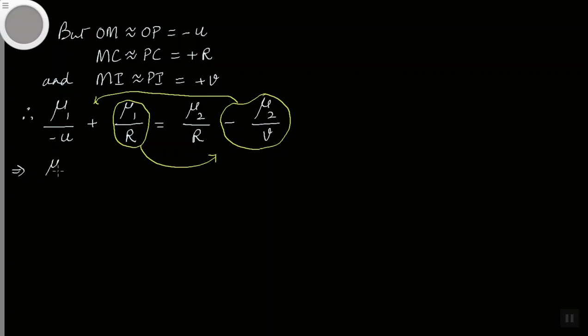I will get mu2 by V minus mu1 by U is equal to mu2 by R, and take this to the other side again, minus mu1 by R. Am I making a mistake?